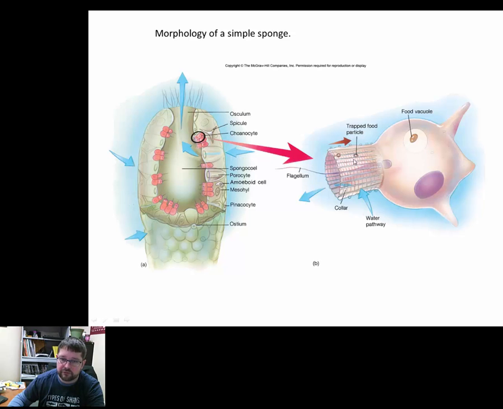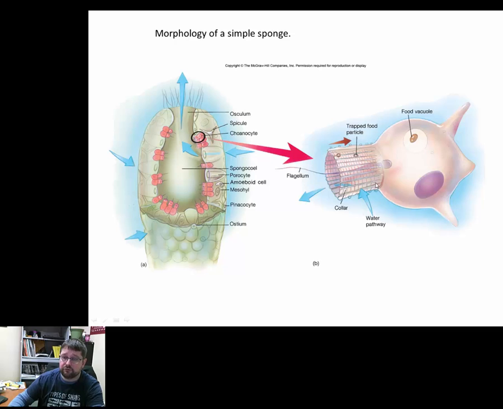Typically, they have these collars of thin membrane, which will trap food, and then they can phagocytize that food and make a food vacuole, which then inside the choanocyte, they would have lysosomes, which would break down and digest that food, and they have a nucleus and a typical system for breaking down food.